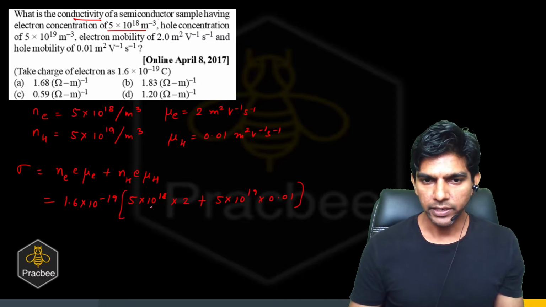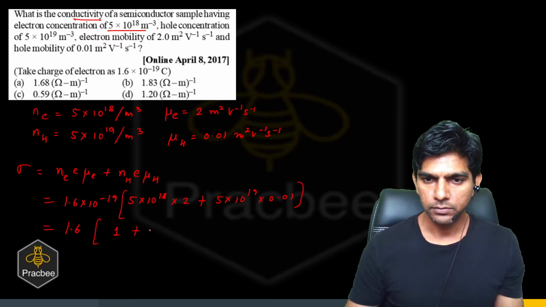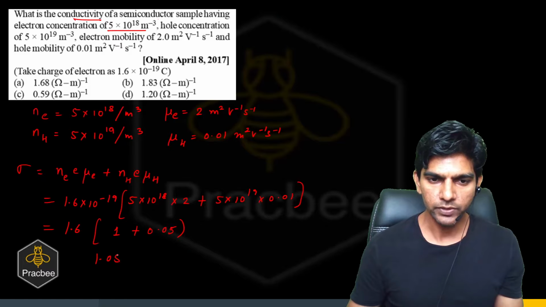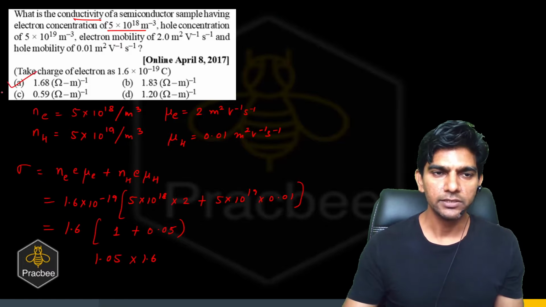So let us take 10 raised to power 19 common. So we'll write it as 1.6 times 1 plus 0.05. So that will be 1.05 times 1.6. So the answer has to be slightly greater than 1.6. So option A is the right answer, right?